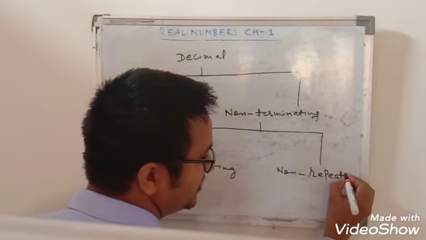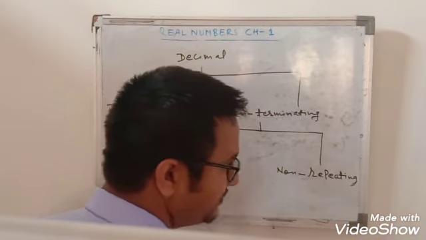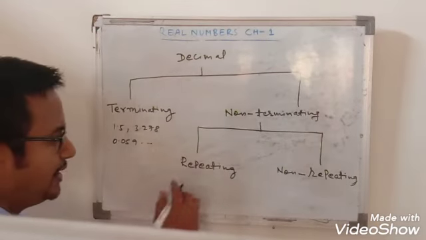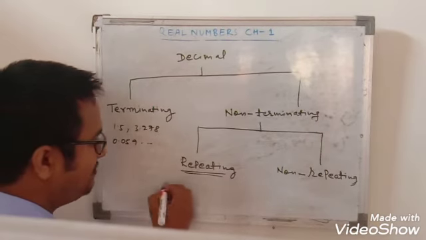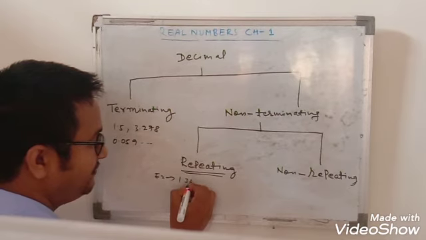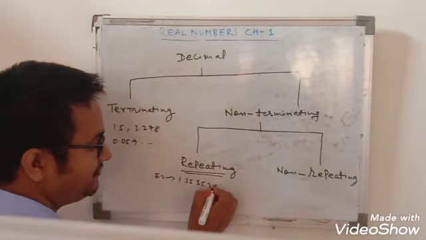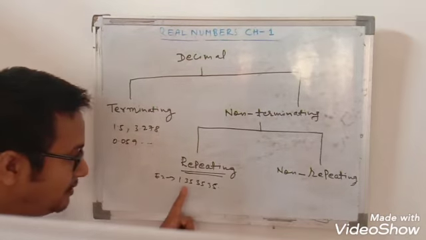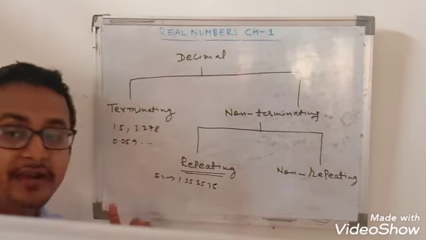These are also very important terms that you have to know. Just try to recall it. Repeating means, for example, 1.353535... non-terminating, but 35 is repeating.